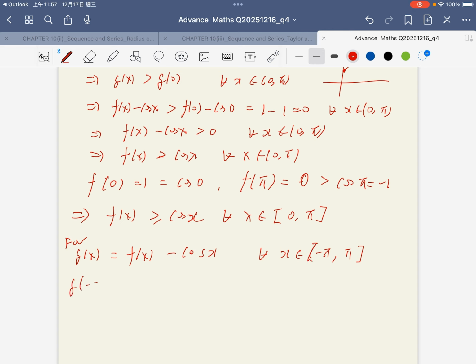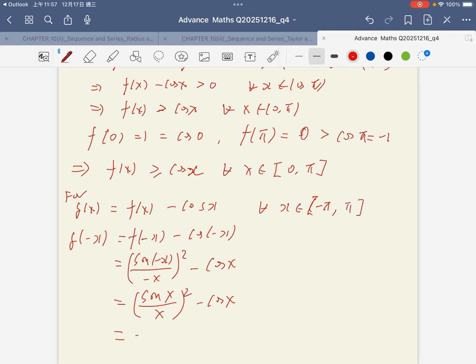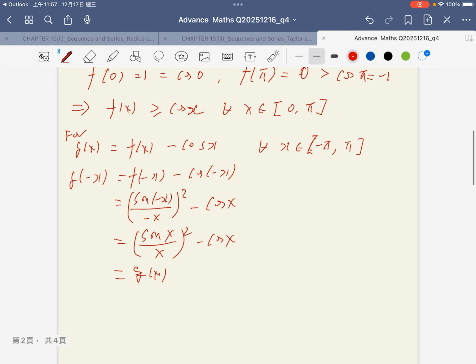That is g(negative x) equal to f(negative x) minus cosine negative x. f(negative x) is sine negative x over negative x all square, minus cosine negative x, which is equal to cosine x, and that is sine x over x all square. So that is equal to g(x). That means g(x) is an even function.